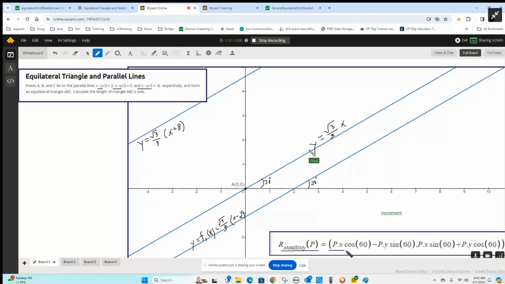If you pick a point and want to rotate it some number of degrees about the origin, and it's convenient that one of these three lines passes through the origin. If it didn't, this problem would be much more difficult. But we're going to rotate any point on this line 60 degrees. And we're going to take a side trip to see where this formula comes from and what's actually happening.